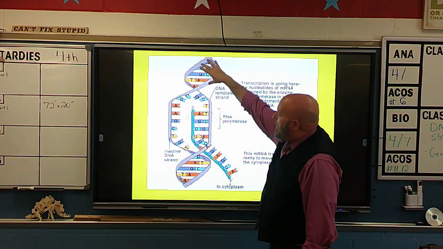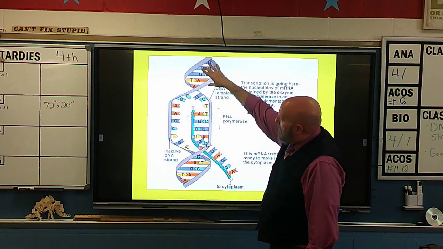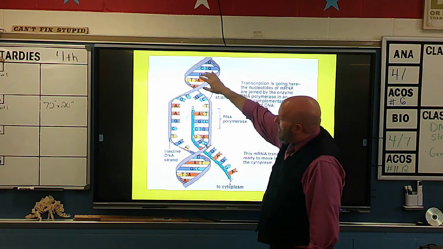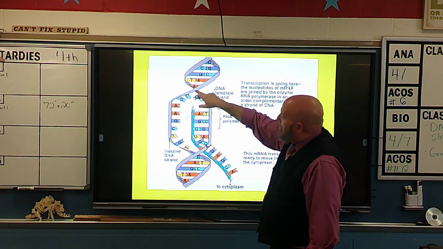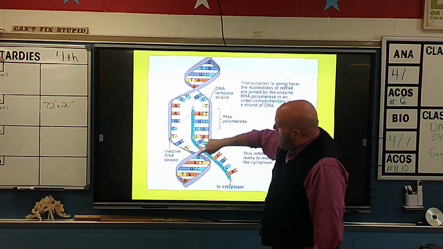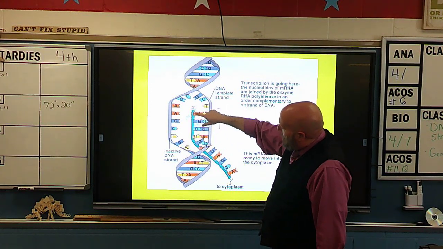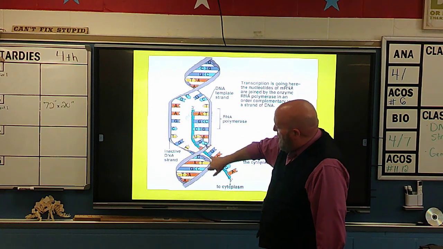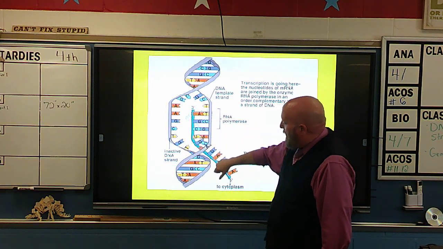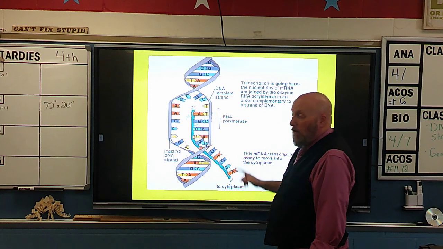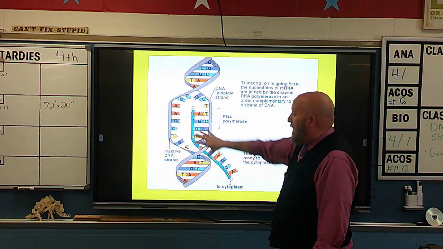Here's a little bit more detailed version. So we've got the DNA here, the purple backbone here, C, G, A, and T, right? We split it, and just on one side, we're building this. And you see the DNA strand is a little bit different looking than the RNA strand. First off, it's only one strand long, not two.